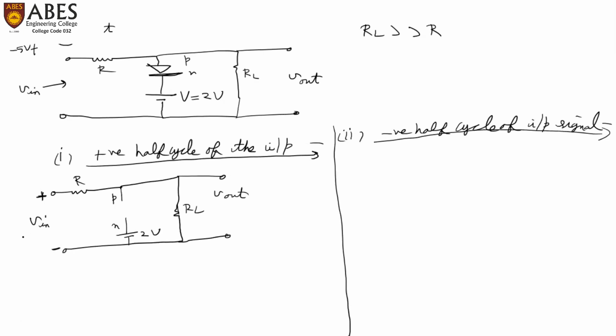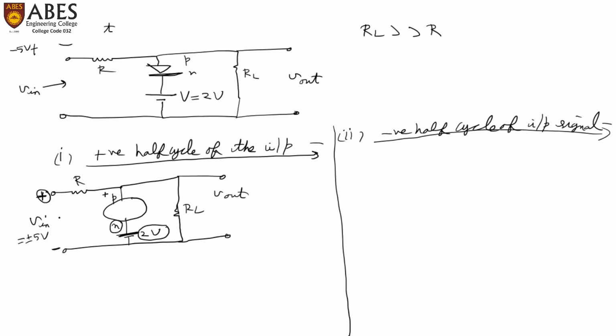This battery is of 2 volt and V in has a peak magnitude of 5 volt. Now let us see that the N terminal of the diode is connected with the positive terminal of the 2 volt battery. That means this diode is reverse biased. So this diode is reverse biased with a potential of 2 volt. If this is a positive half cycle of the input signal, the positive potential will appear here.